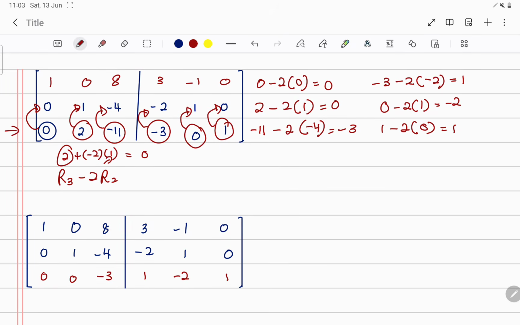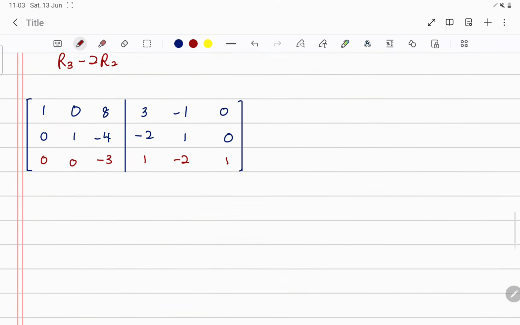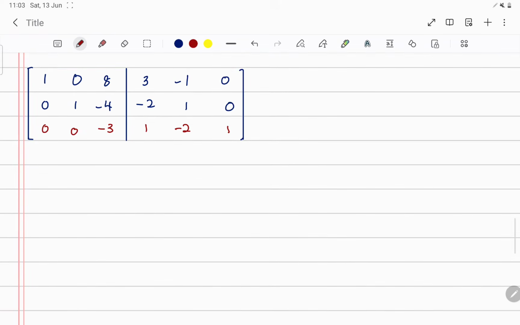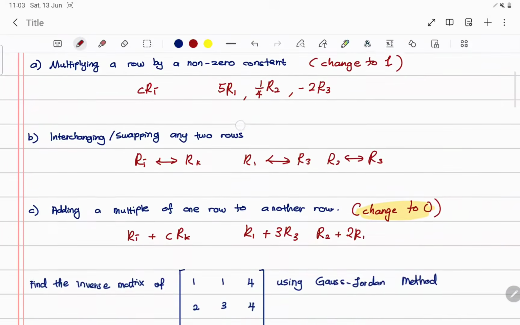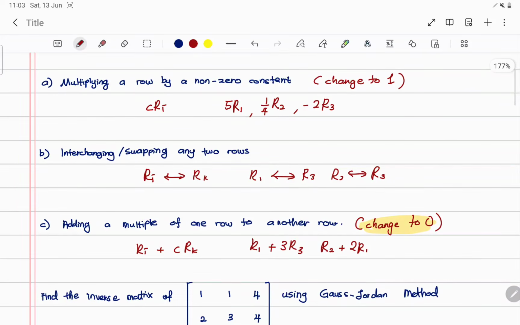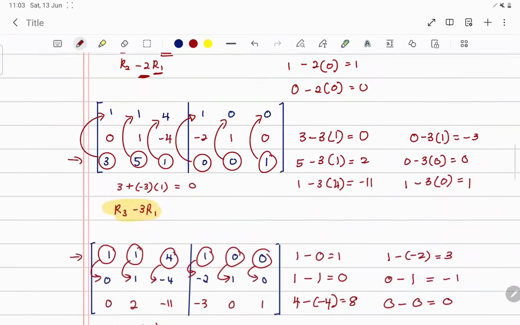Okay, so now we proceed to the next one, where we will change negative 3 to 1. If you want to change to 1, what rule do we have to use? We have to use the first formula here, which is this guy, CRI. So from here, we have to think.